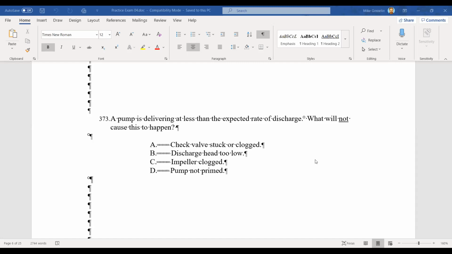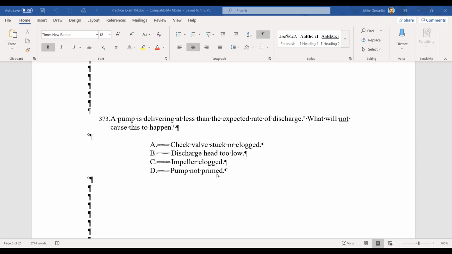A discharge head too high, if it was trying to pump to a higher level, could definitely decrease the flow you're seeing from that pump, because it can't overcome that head. But a discharge head too low would not. The impeller clogged or fouled, yeah, so something in that impeller is not allowing the required flow through that pump. And the pump not primed. If it's a centrifugal pump, or any kind of pump, if it's not primed, there's nothing in there for that pump to pump, so it would be producing less flow too.